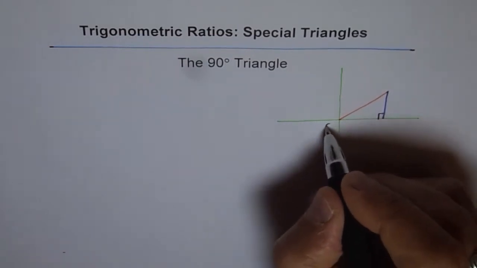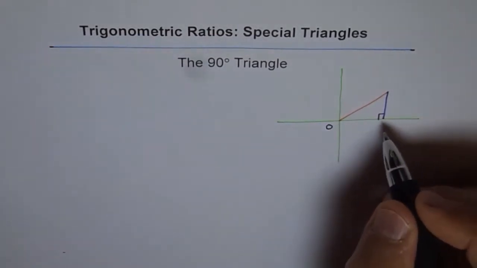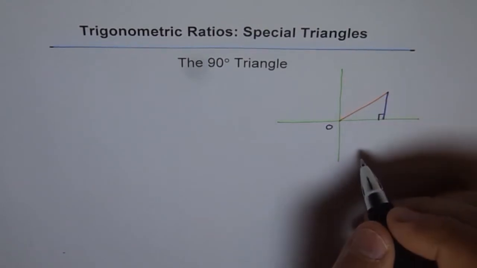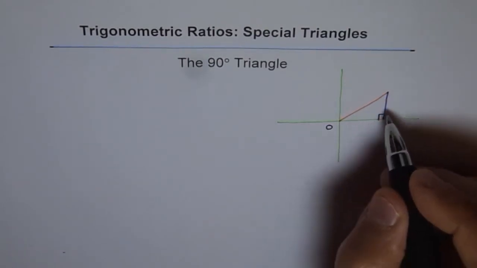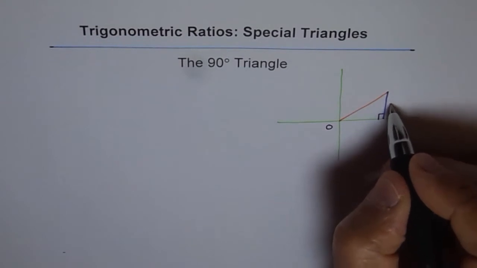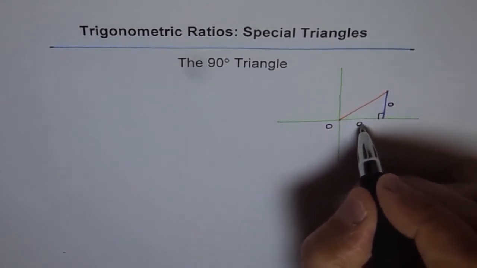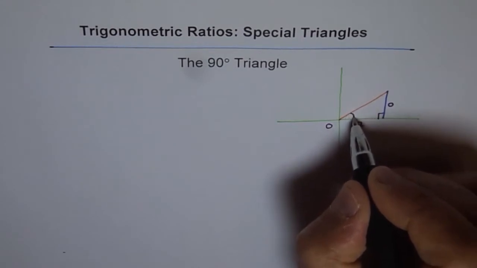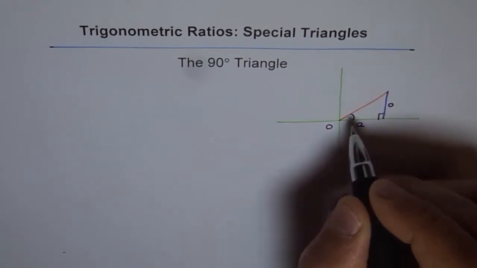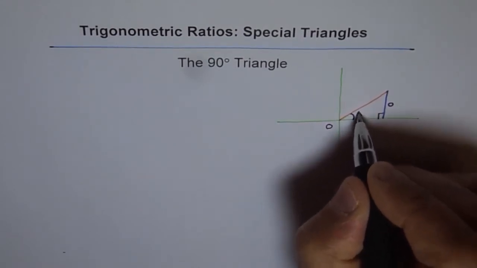That's the origin O. And from here we have a triangle, and I'll call this side the opposite side and this side the adjacent side, and my angle here I will call angle A.